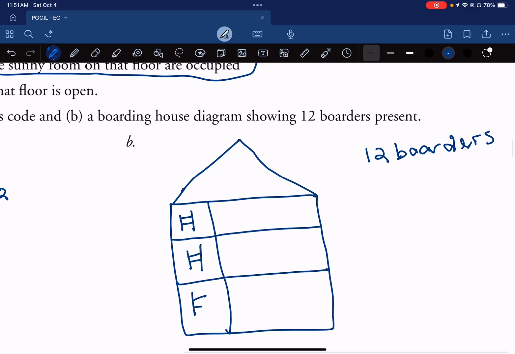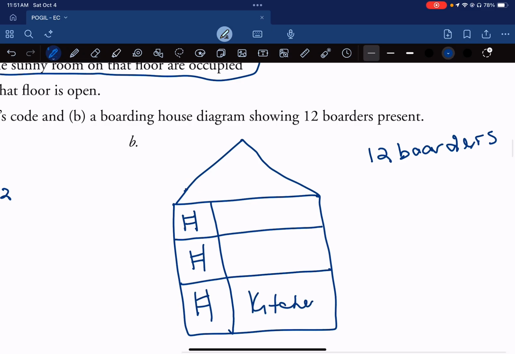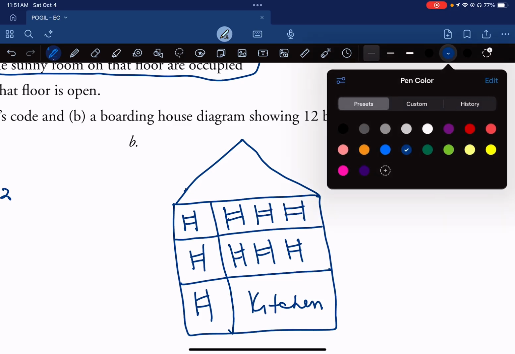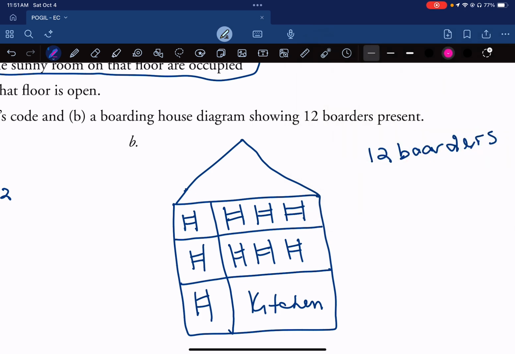So this is our house. This was the kitchen. And then we have three bunk beds here. And then here. Okay. Now I will fill up with my boarders.